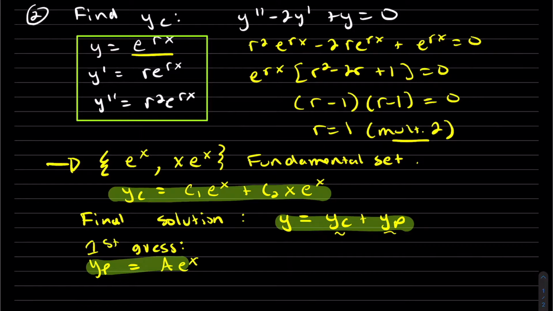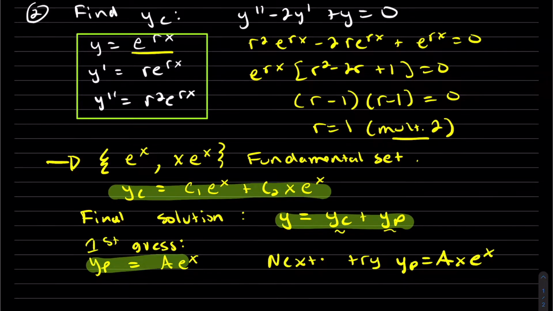So we need to just take this and make it independent of those two. So we can next try this. Multiplying by x makes it independent of the first one, but now we still are not independent of the second one. So what do you think we'll have to do?